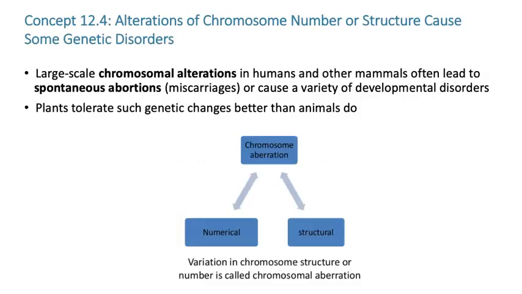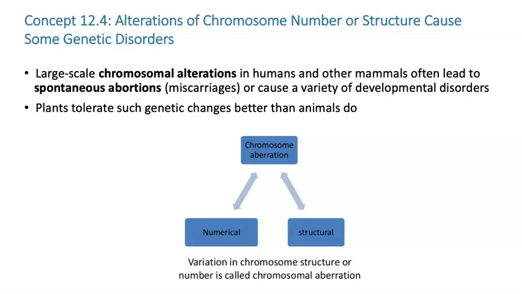If there is a very large-scale chromosomal alteration or aberration, humans and other mammals experience this often leads to something called a spontaneous abortion, which most people refer to as a miscarriage, but the proper biological term is spontaneous abortion. It can also result in several different kinds of developmental disorders, which we'll talk about some of them.